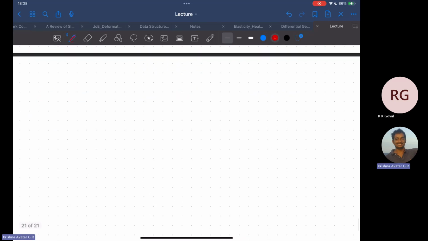Now, once we have the parameterization, sigma vector u comma v is equal to gamma vector u plus v delta vector u. So this was our ruling, and v is just the parameter which is transverse to the directrix.